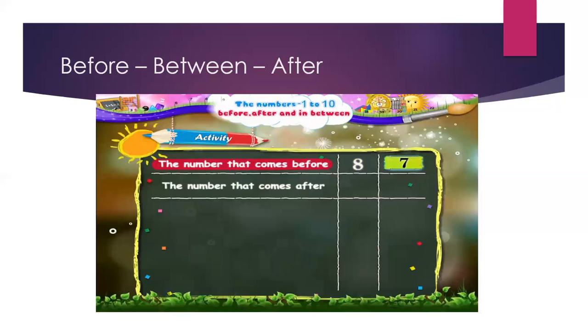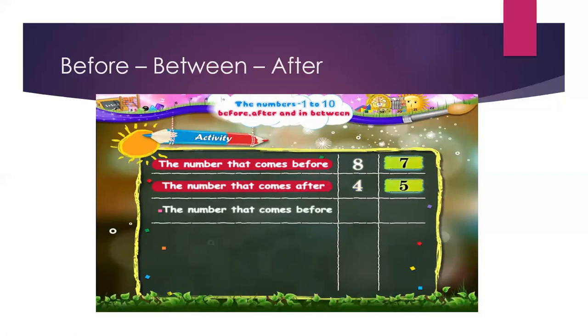The number that comes after 4 is dash. The number that comes after 4 is 5. The number that comes before 3 is dash. The number that comes before 3 is 2.